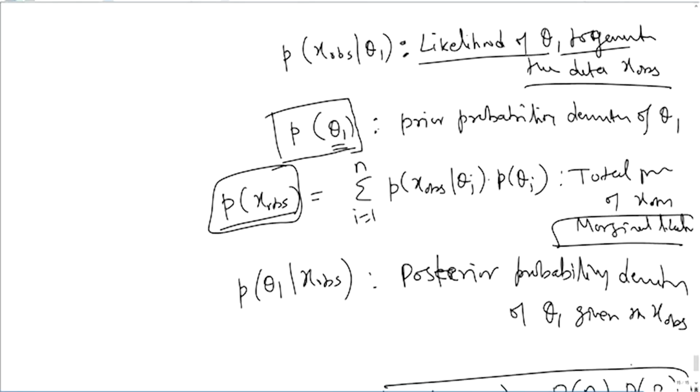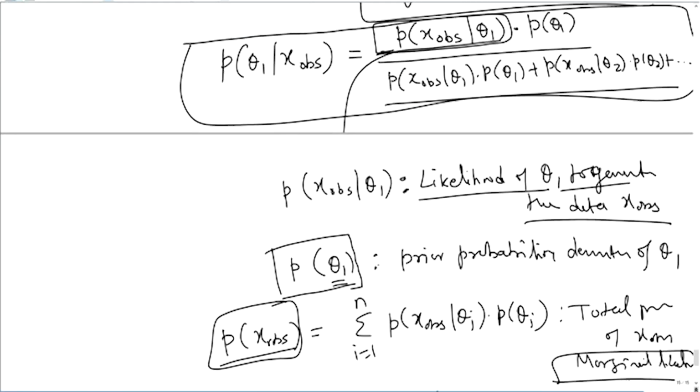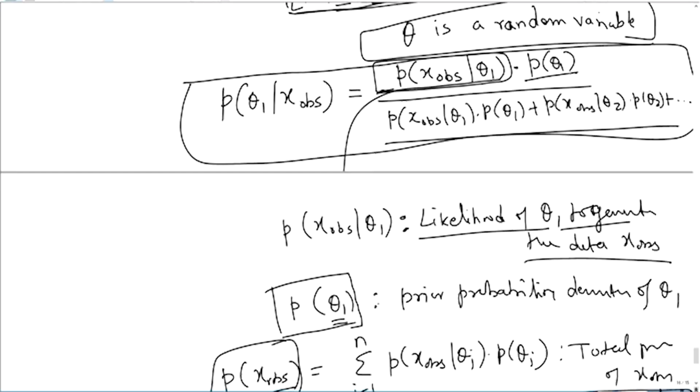Okay, so see what is happening here. There is a term which is called the prior density of theta 1. So before seeing any data, what is the probability density that the true value of the parameter is theta 1? Then you see some data, and after seeing the data you can calculate the likelihood that theta 1 would generate the observed data, and then you multiply this likelihood and the prior density to get this posterior density.